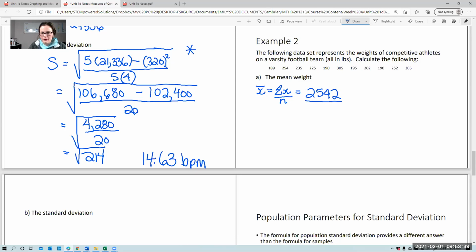Then we divide by the number of football players: 1, 2, 3, 4, 5, 6, 7, 8, 9, 10, 11. So we divide by 11, and on average, the football players weigh 231.09 pounds.